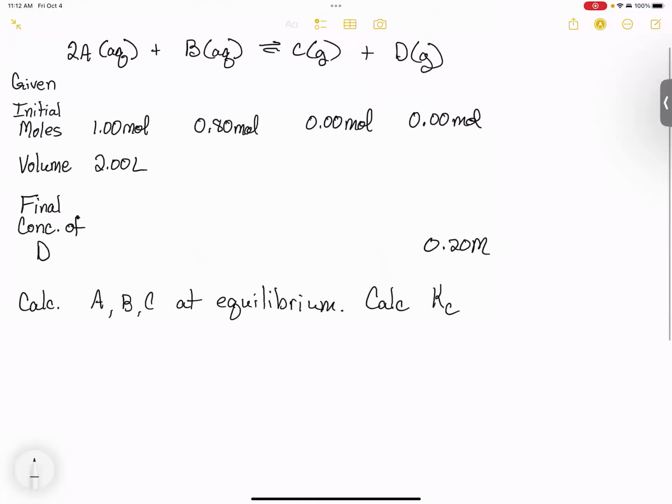First of all, if I'm going to calculate Kc, Kc is going to be equal to the concentration of C times the concentration of D divided by the concentration of A squared times the concentration of B. Basically, all I've done is write the equilibrium expression.